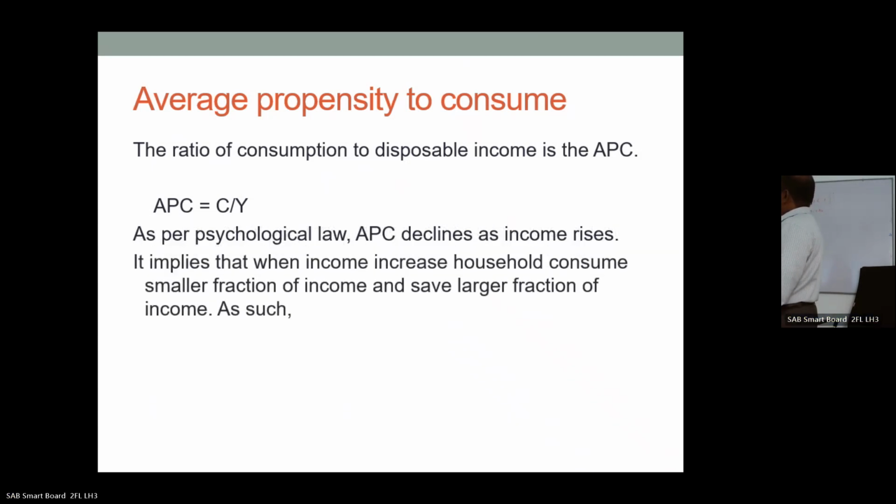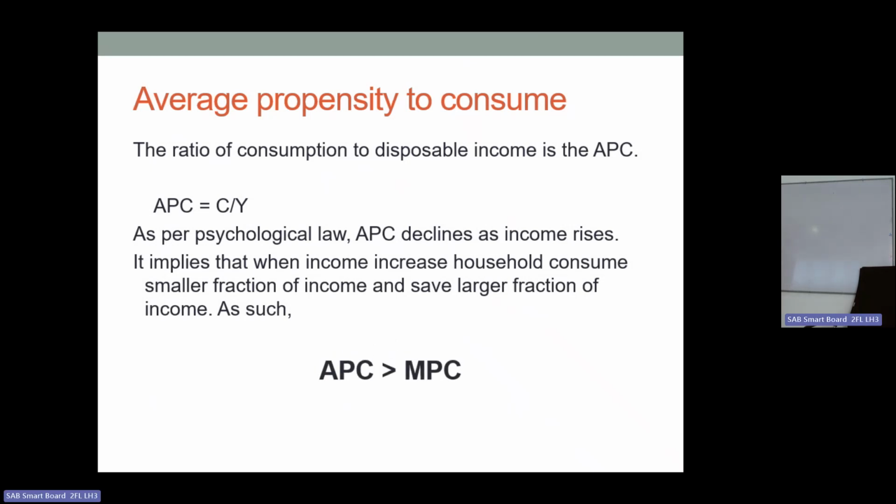Also, when income increases, people tend to consume a smaller fraction, which means consumption increases at a decreasing rate, as a fraction of income. So that's why we observe that APC is higher than MPC.